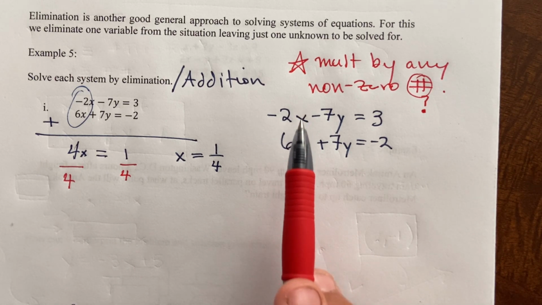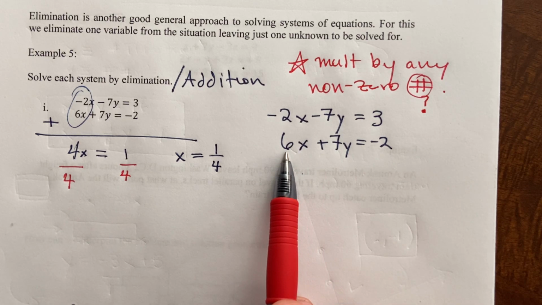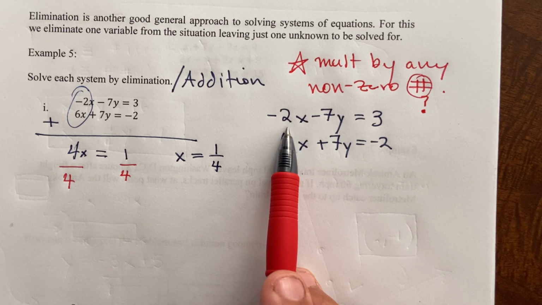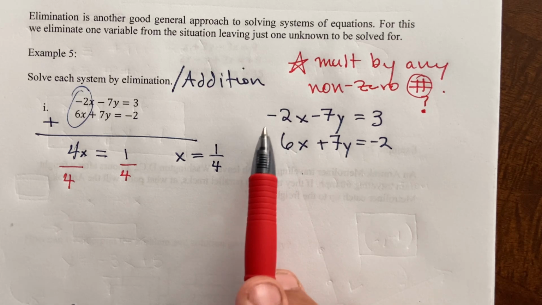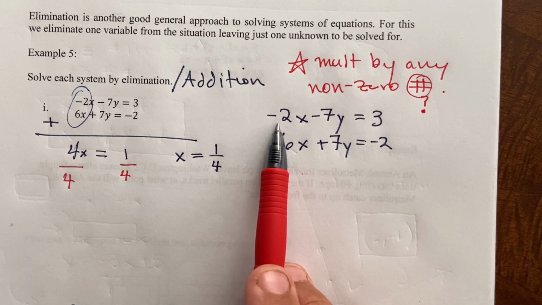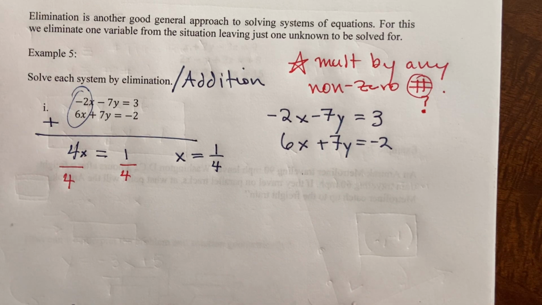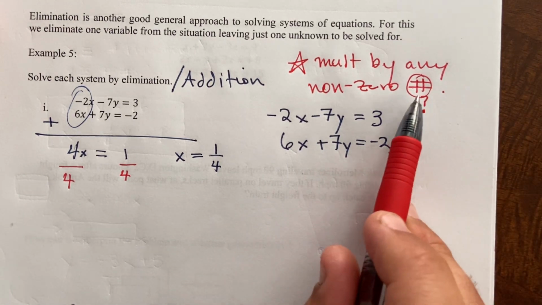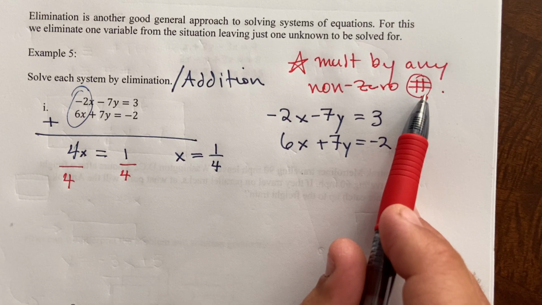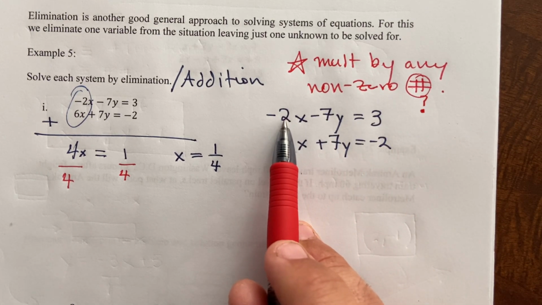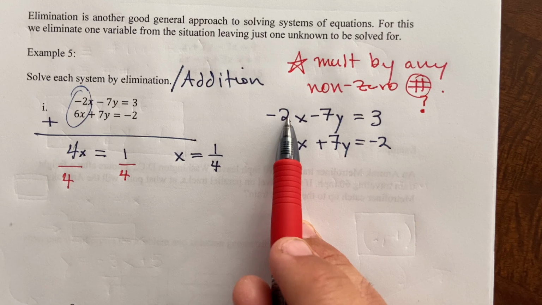We have a 6 here and a negative 2 there. If I had a negative 6 here and a positive 6 there, then elimination would occur. So what number is necessitated by wanting a negative 6 here?